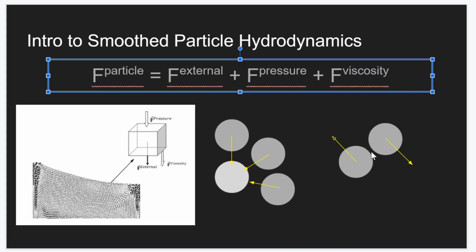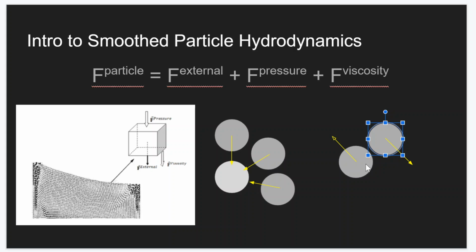And also the viscosity. Basically, viscosity is what defines how easily a particle is allowed to move away from another one, because we all know that between particles there's a force of viscosity.